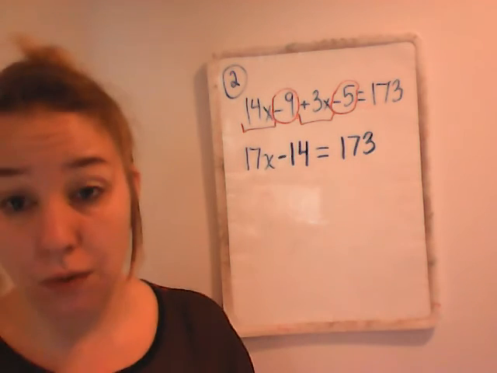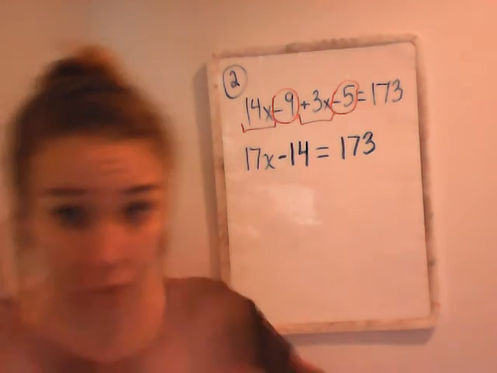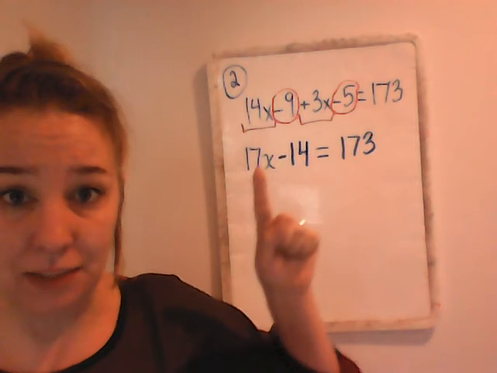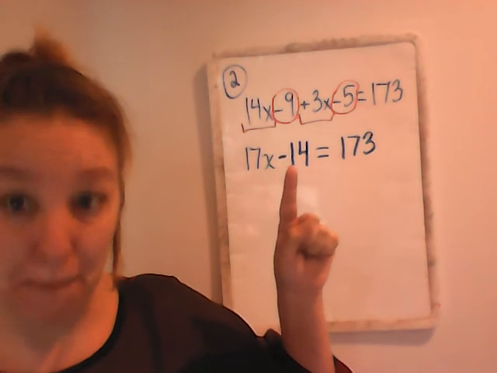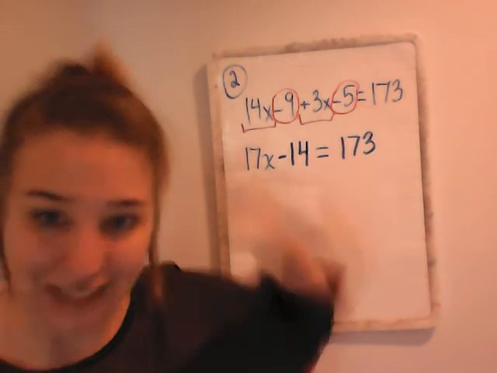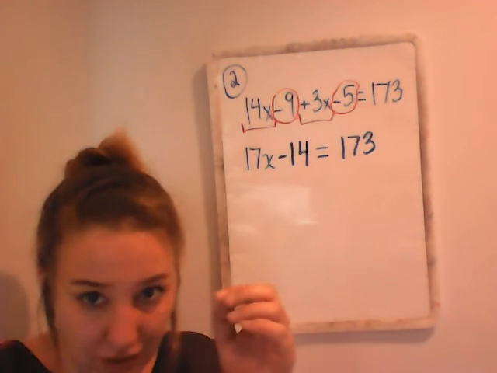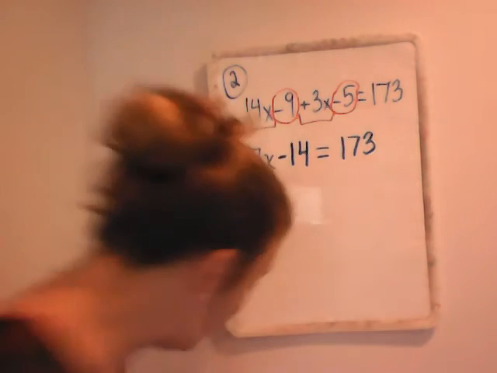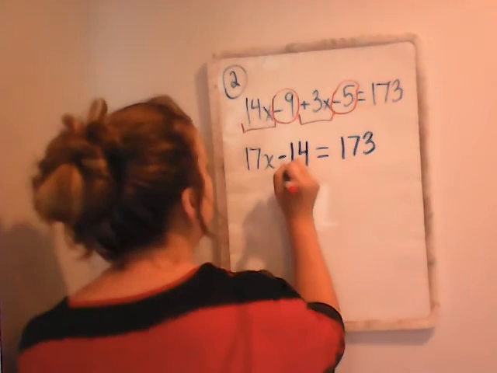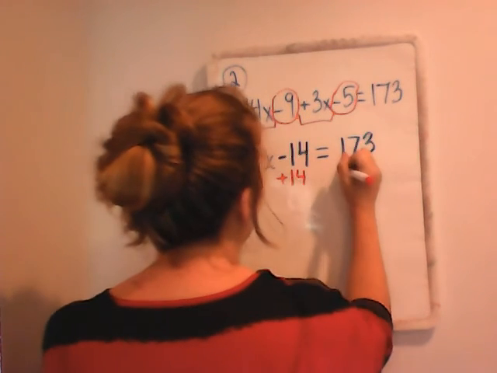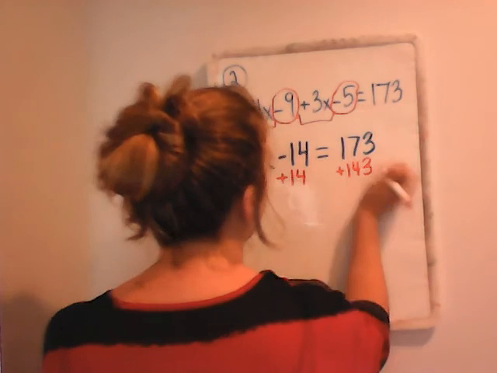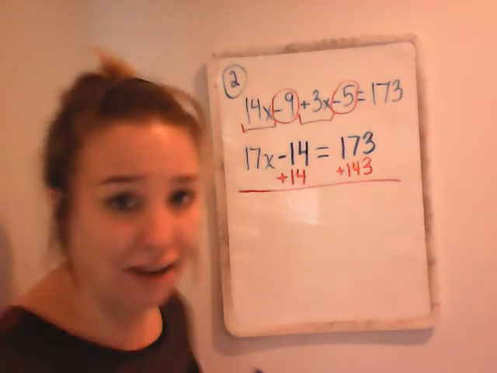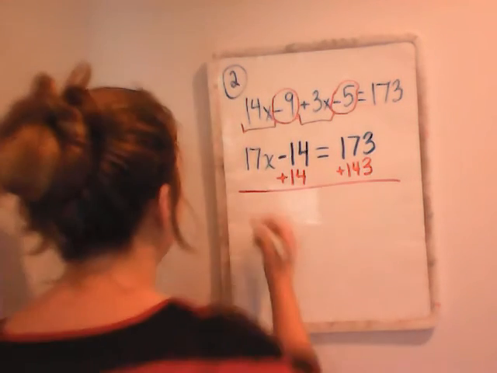Okay, so now our like terms are all combined. Before we can get x by itself, we have to get 17x by itself, which means this negative 14 has got to go. If it's a negative 14, how do you zero it out? You add 14 to both sides. 17x, I haven't done anything to it, so it just comes on down.